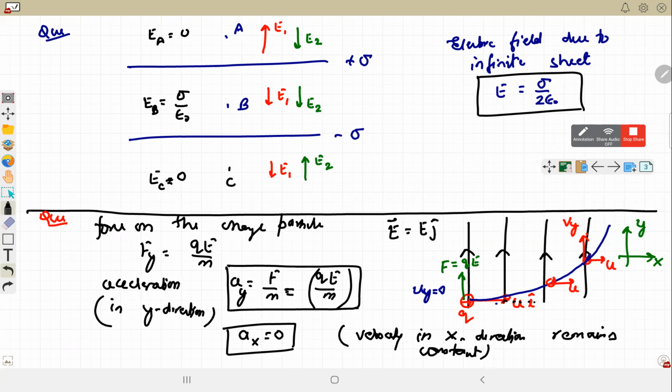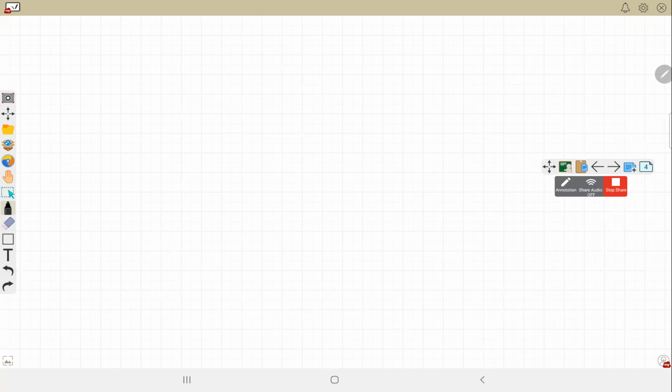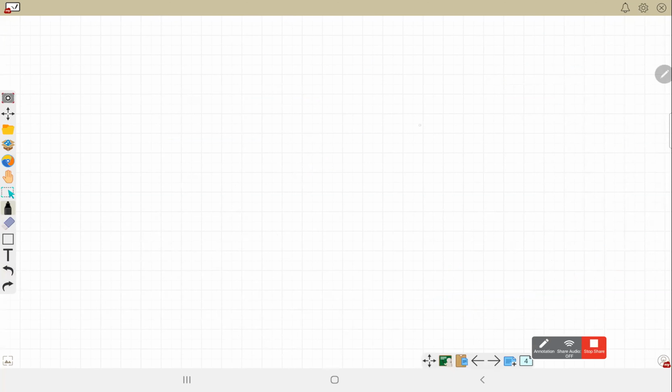So in this whole path, x direction displacement is covered with constant velocity, y direction displacement is covered with constant acceleration with the initial 0 velocity. Right? Till this step clear? Yes, sir, it's clear.